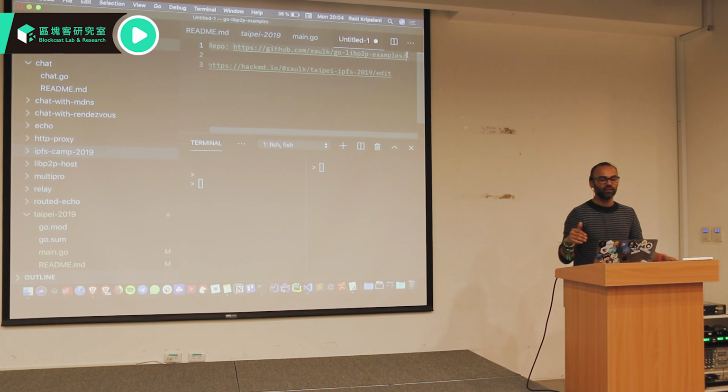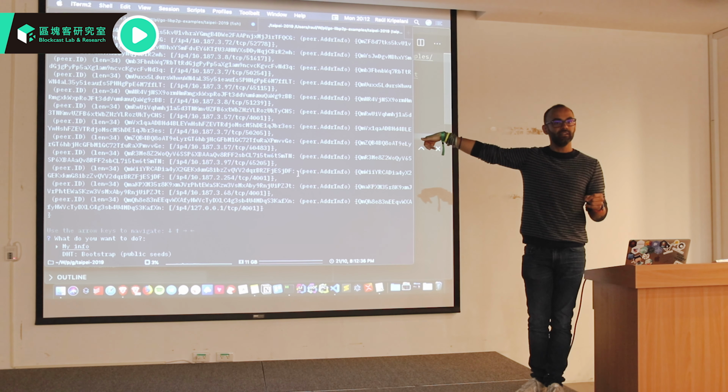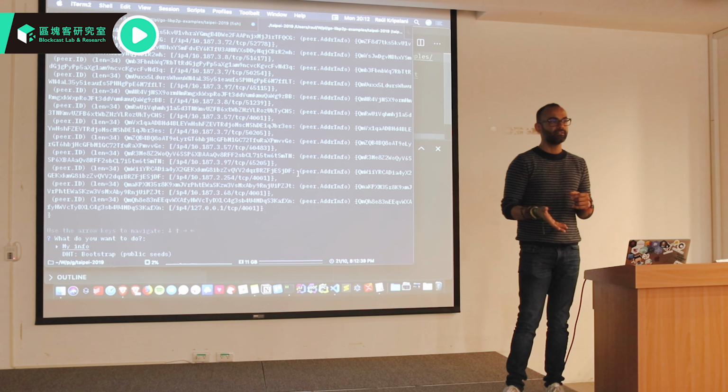mDNS is a service discovery protocol and a host discovery protocol that runs on local networks. It does not use a name resolution service like normal DNS. It uses IP multicast on a local network. So what's happening right now when you run this program, and I'm going to show you the code that does this, is that with literally 3-4 lines in libp2p, we are configuring an mDNS discovery mechanism that is using the local network to find other peers running the same thing.